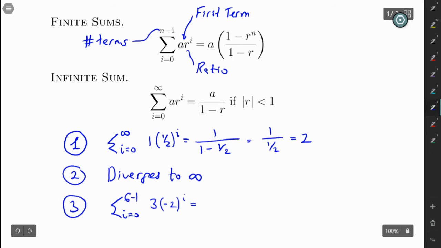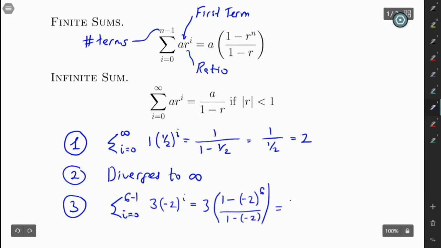And then we just plug things in onto the right-hand side. So a is 3, and then here we have 1 minus (-2) to the 6, over 1 minus (-2).